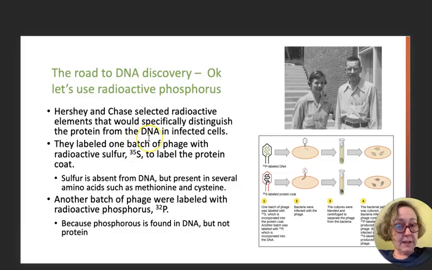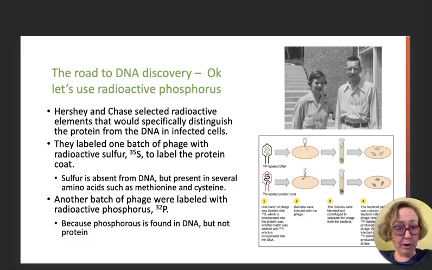So essentially, they selected radioactive elements that would specifically distinguish this. They labeled the radioactive sulfur, S35, to label the protein coat. And they labeled the phosphorus, right? We know the structure of DNA. They labeled the phosphorus in the DNA to see which would actually end up in the bacteria, which thing would be radioactive. Anybody know?